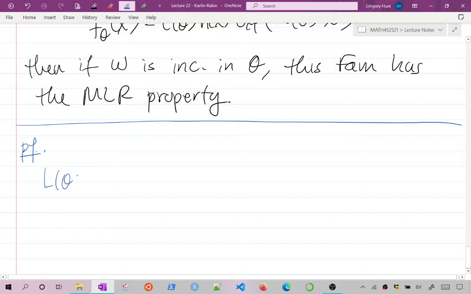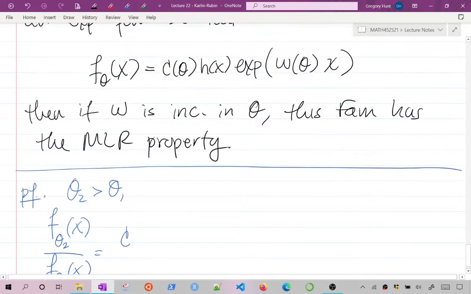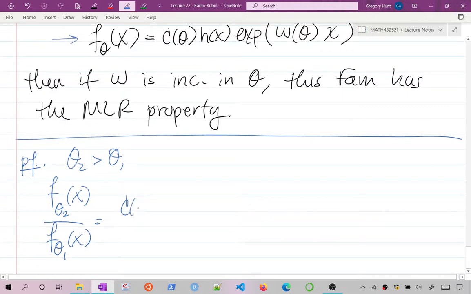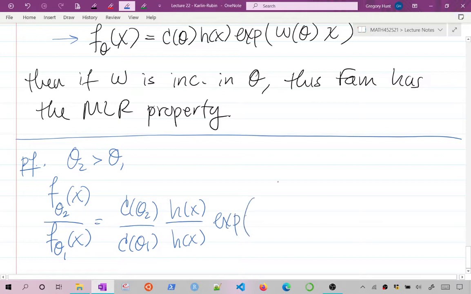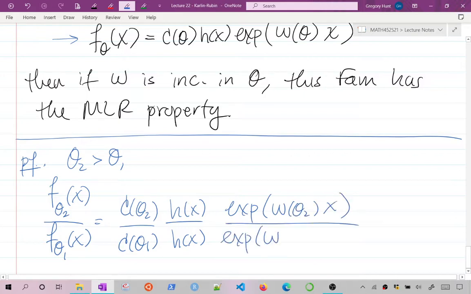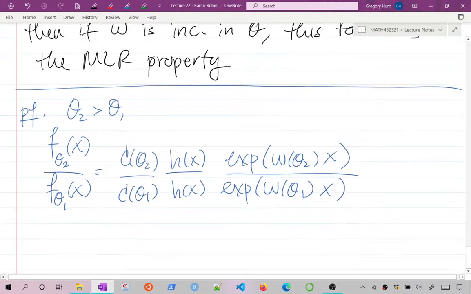So the MLR property says, well, let's just write it as, I have some theta 2 bigger than theta 1, and I look at F theta 2 of X over F theta 1 of X. According to my exponential family form, it's C of theta 2 over C of theta 1, H of X over H of X, well, that will go away, exponential of W of theta 2 times X over exponential of W of theta 1 times X, right?